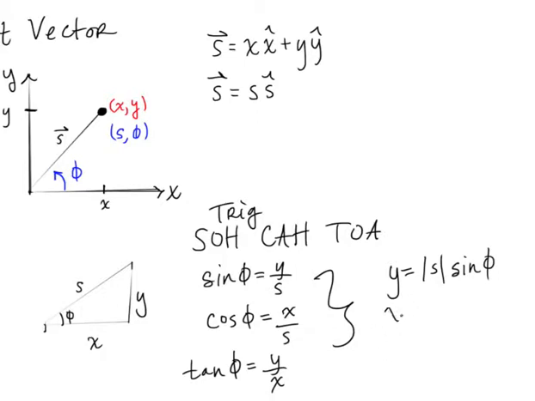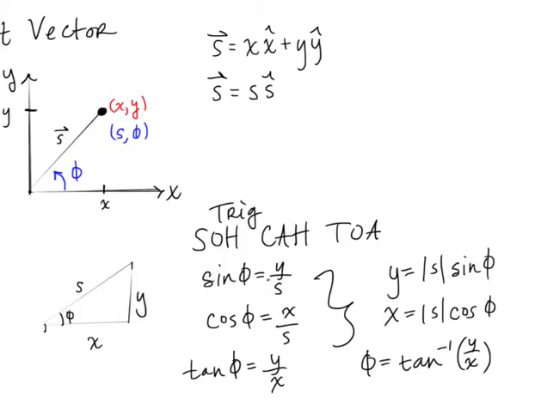Then we can do the same thing for x: the magnitude of s times cosine of phi. For tangent, I can solve for phi, and phi is equal to tan inverse of y over x. I hope everyone sees how I got that.